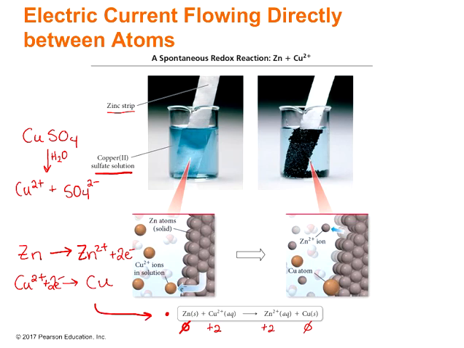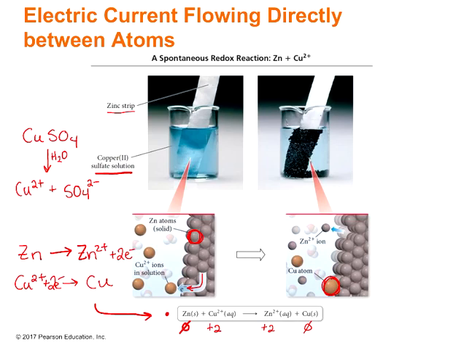In the picture up above, you'll notice that the zinc atoms, which are pure solids, are going to give up their electrons to the copper ions. And then the copper ions become neutral copper and deposit themselves on the surface of the metal strip.